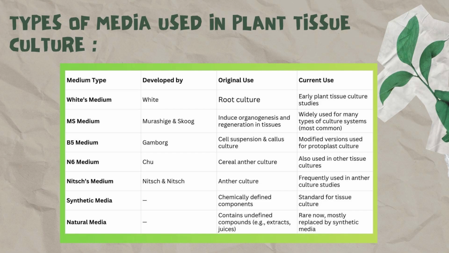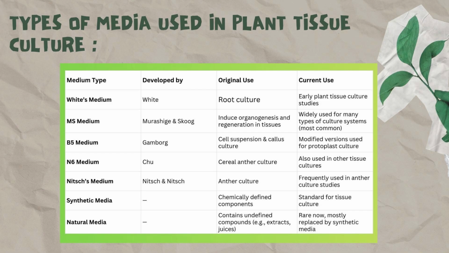It paved the way for future research in plant cell growth. Second, MS medium, the Murashige and Skoog medium, designed to induce organogenesis and tissue regeneration. This is arguably the world's most widely used plant tissue culture medium. If you work in biotech, you will see MS medium in all kinds of plant labs.